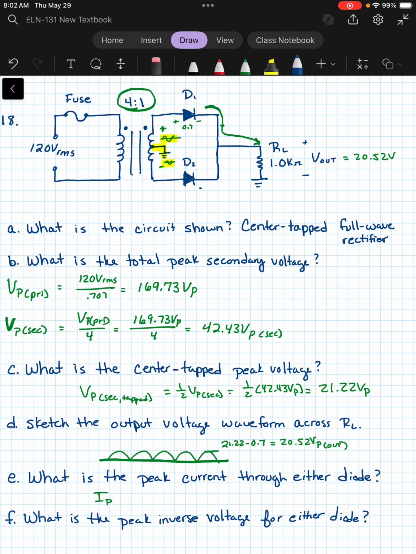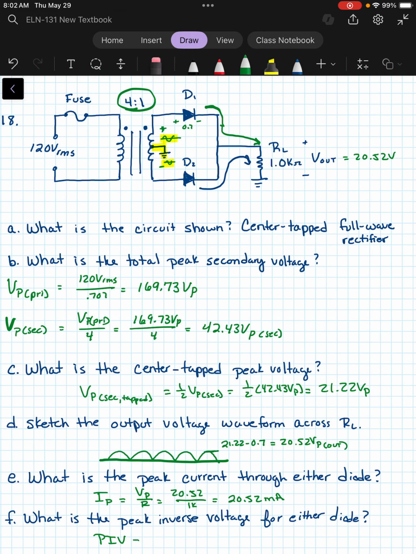On the negative going side, D2 will be supplying current there. So only one of them will have that current at one time. So the peak current will be V peak over R. Again, Ohm's law here. So 20.52 over the 1 kilo ohm resistor, or 20.52 milliamps.